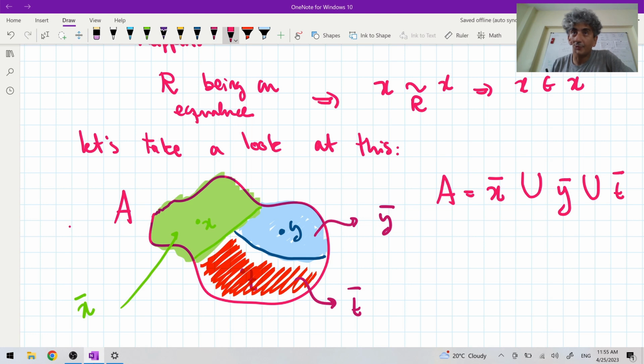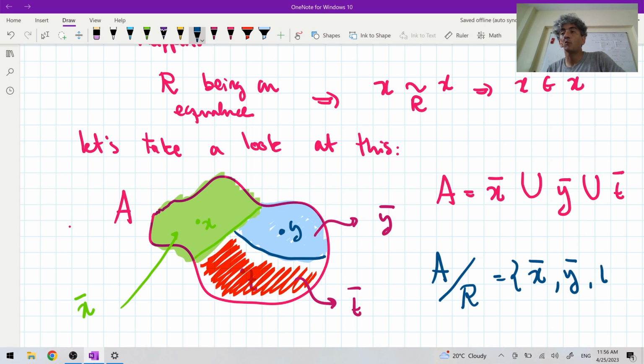And in some sense, we can think of A through the lenses of R, and this consists of only three equivalence classes. So an equivalence relation allows us to think of A as being a union of disjoint sets, or thinking of A through the lenses of R as having only three elements.